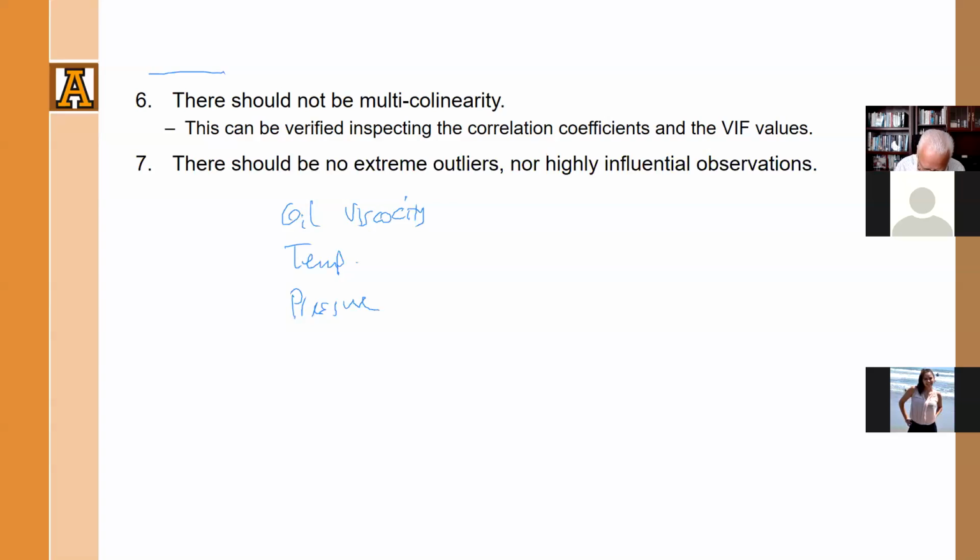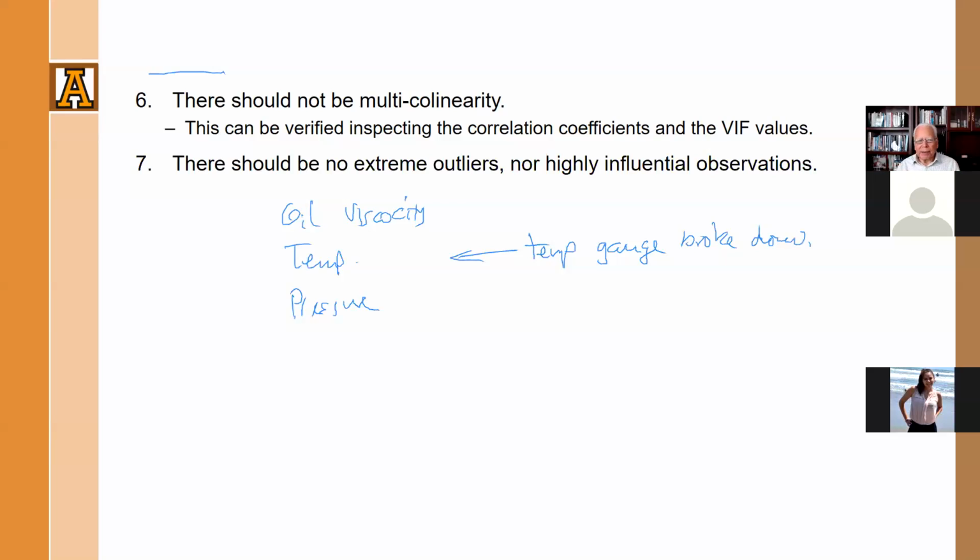What if there's a couple of observations where the temperature gauge broke down? Then there is an explanation for that very extreme observation. I have a temperature of 0, when in fact my temperatures were in the 150 to 200 degrees Fahrenheit.